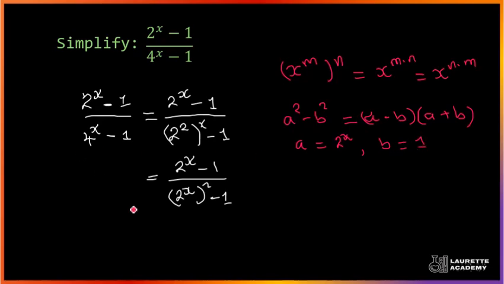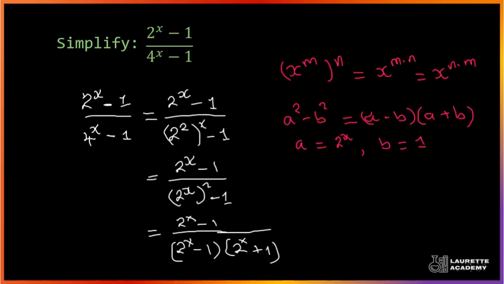So we can write this expression as being equal to 2 to the power x minus 1 divided by 2 to the power x minus 1 times 2 to the power x plus 1.